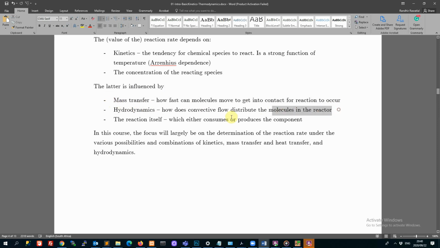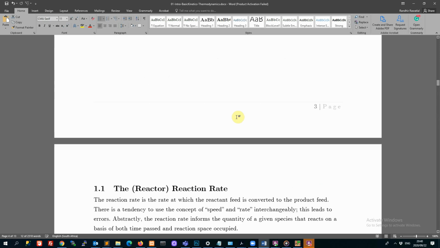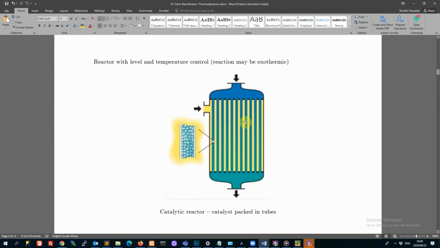Then, of course, the hydrodynamics. How does your convective flow distribute itself through the reactor? Going back to this picture, if A and B are traveling down one of these tubes and they get consumed at some point, then of course we have a high concentration of the product C coming through here, which is a good thing.